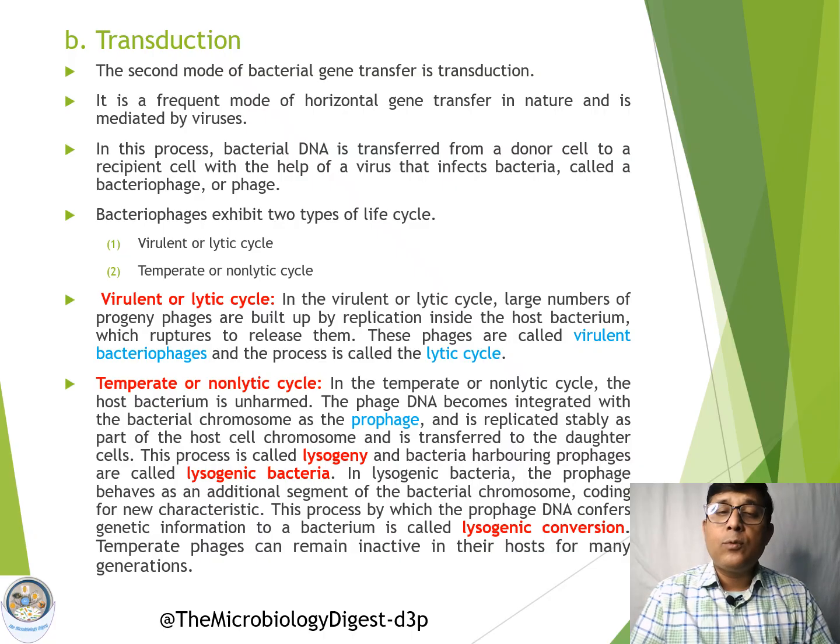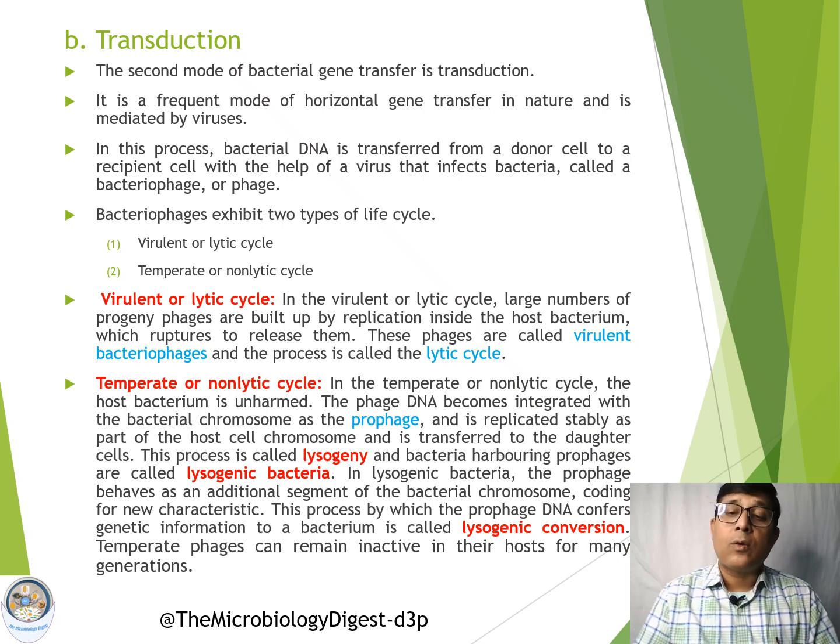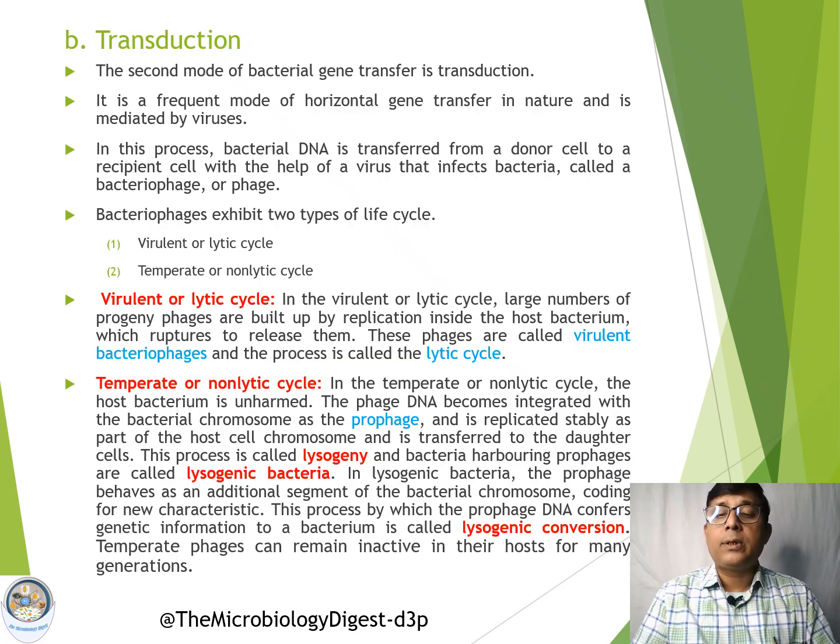They have two different types of life cycle. One is called lytic life cycle, also called the virulent life cycle, and the second type is the temperate or non-lytic life cycle. In the virulent life cycle, a large number of progeny phages are built up by replication inside the host bacterium, and these progeny viruses cause lysis of the bacterial cell to get the new progeny viruses released to the environment.